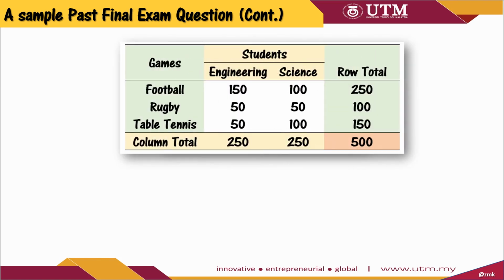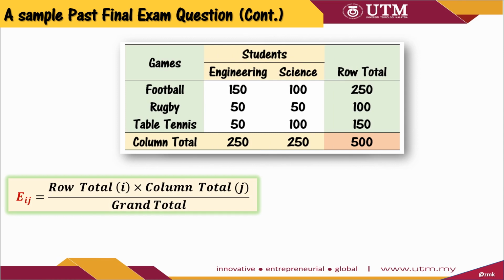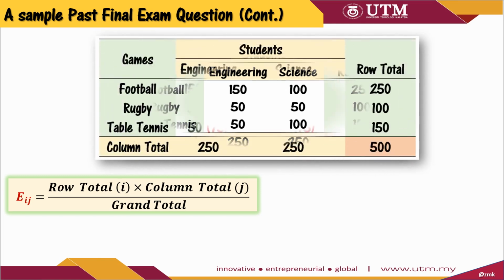Next, by using the formula of EIJ, either for all cells or on the 2 selected cells only, find the rest of EIJ values by completing the table. You can then check that the expected values EIJ for all cells are as given in the brackets as follows.